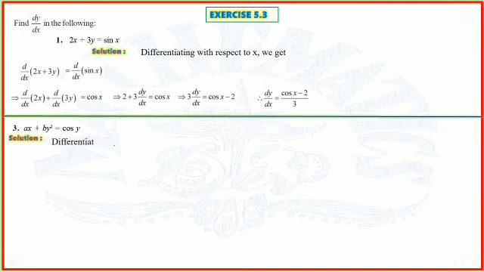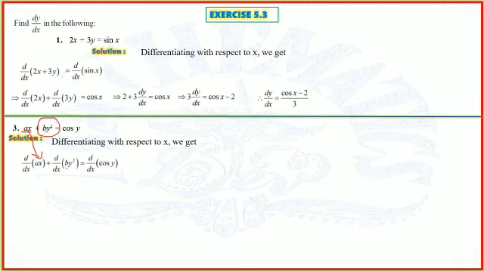So differentiating with respect to x, what we get? Look here, the d over dx operator is applied to the first term, ax, and the d over dx operator is applied to the second term, by square, and it is equal to d over dx of cos y, the right hand side.